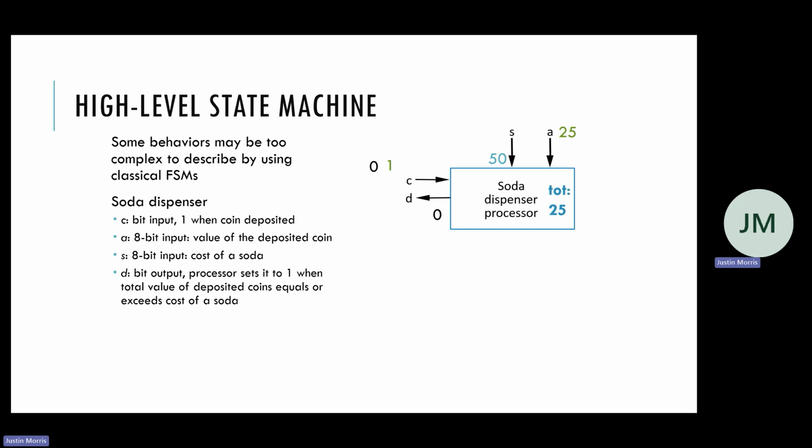So we have this total, which is the total amount of money that the customer has input so far, right? And then if they put in another quarter, we get another input of 25 from A. So our total would increase to 50. Okay. So once we're at 50, that means that we can output D, which is saying that a soda can be dispensed, right?